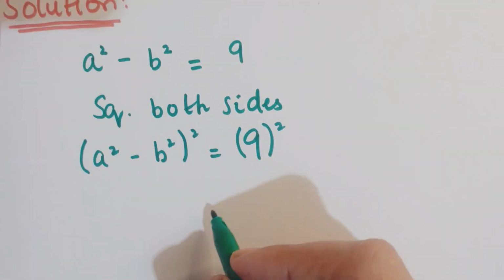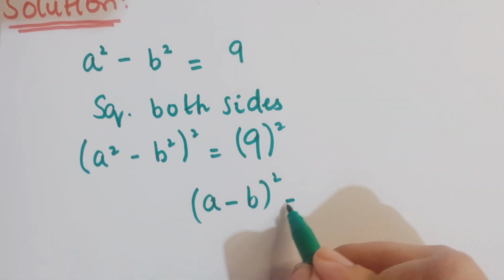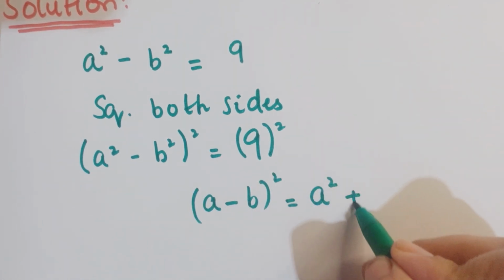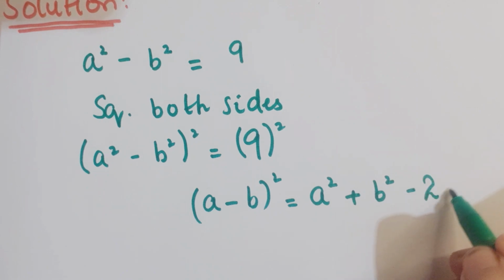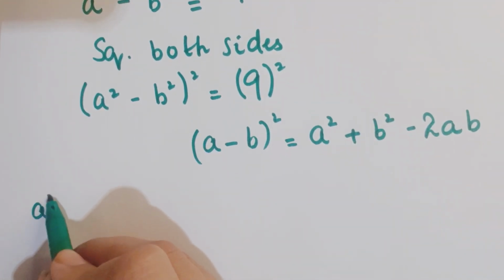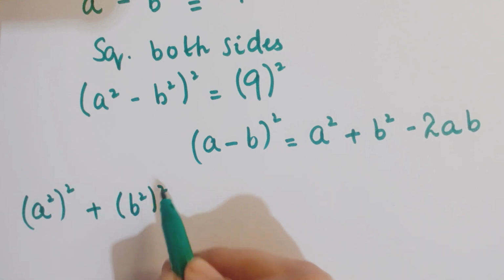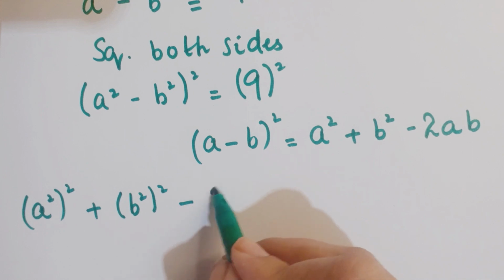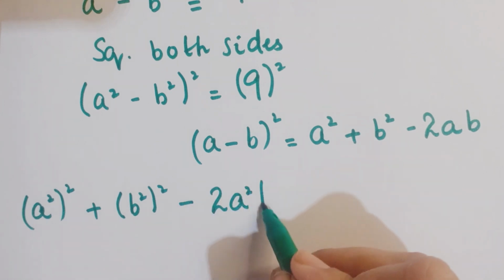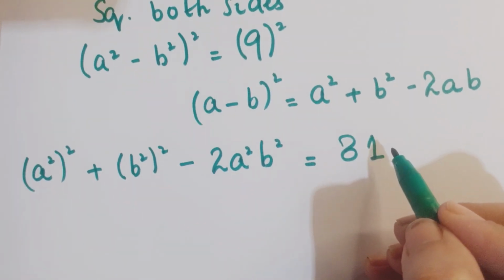Now, as you know the algebraic identity, (a minus b) whole square is equal to a square plus b square minus 2ab. So you can write this as (a square) whole square plus (b square) whole square minus 2 into a square b square is equal to 81.